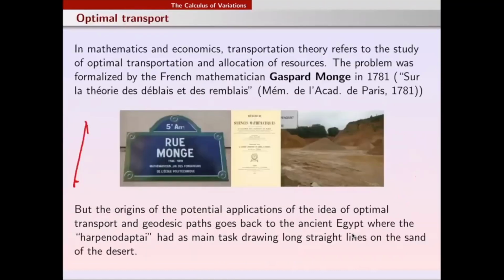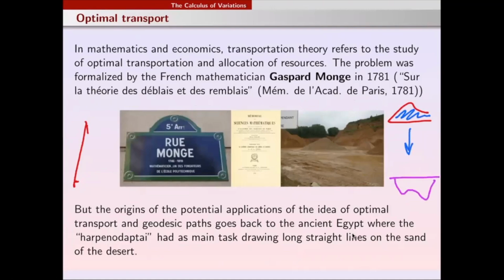And then here, Monge said, we should do the same. For instance, when we are dealing with civil constructions, we will be led to massive amounts of leftover material, and we will need to carry this to some reservoirs.